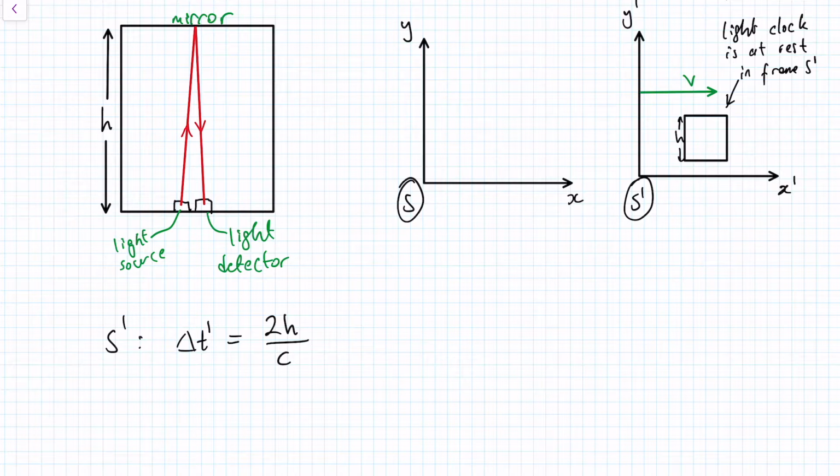Now, to understand relativity, I think it is crucial that we have a good understanding of classical analysis. Let's do a classical analysis first, and then we bring in the special theory of relativity.